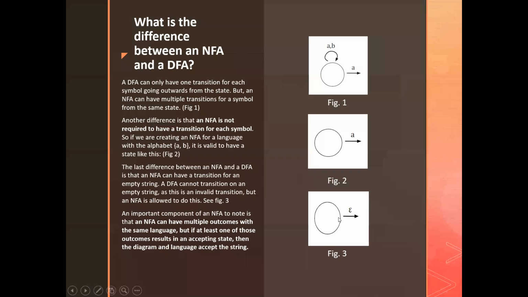So this is epsilon here, it means there is no input to this particular state. So with no input also there is a transition in case of NFA, which is not so in your DFA. So these three are the basic differences between the NFA and DFA.